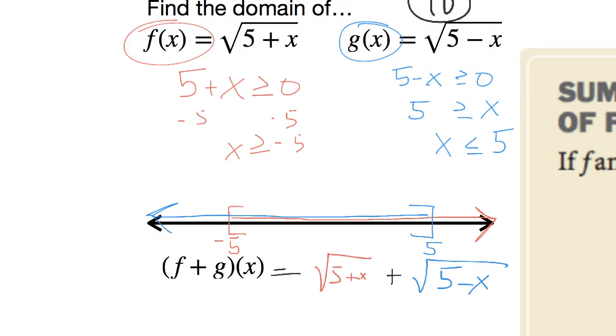There's only certain numbers you can actually plug into this function. And what you have to do is find the intersection of the previous two domains. Where do we see both red and blue? We see both red and blue right here, in the middle. Wish I had purple.